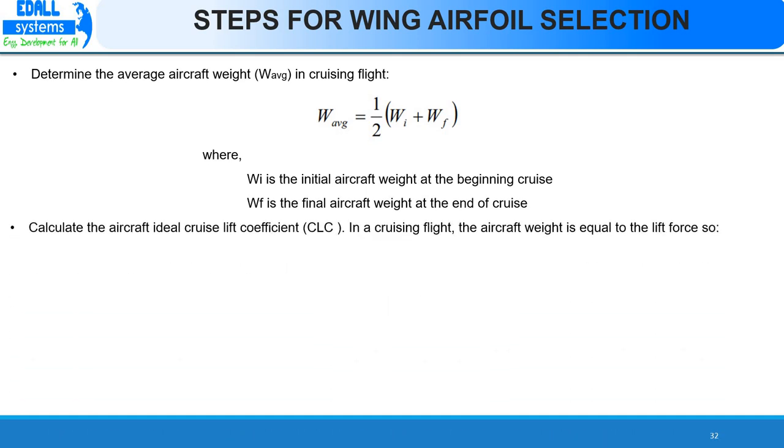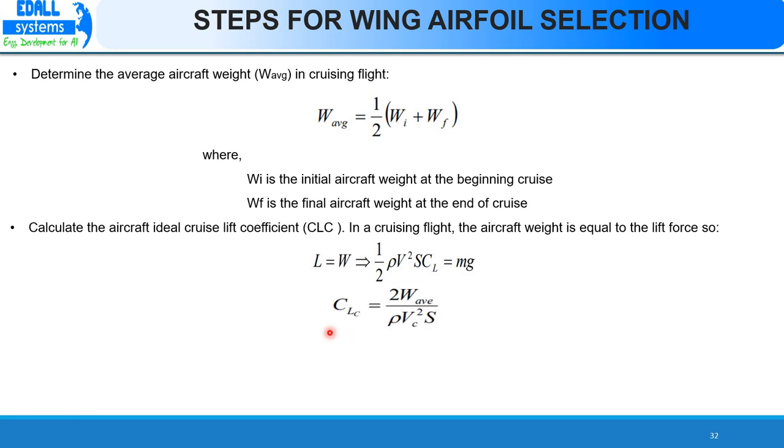The next step is to calculate aircraft ideal cruise lift coefficient. As we know, in cruising flight, the aircraft weight will be equal to lift force. So, lift L equals weight W, which implies half rho V squared S CL equals mg.